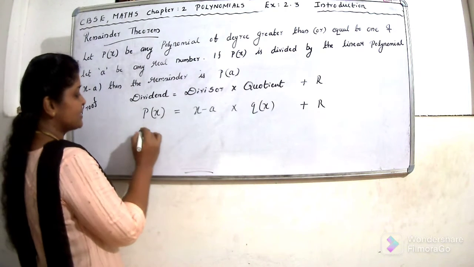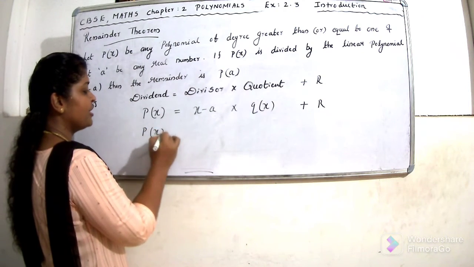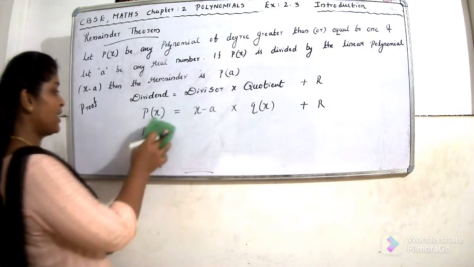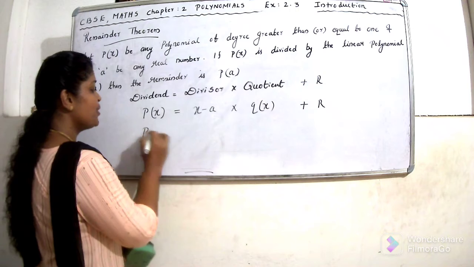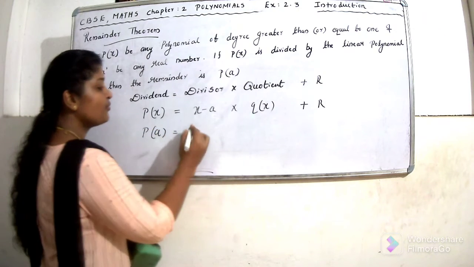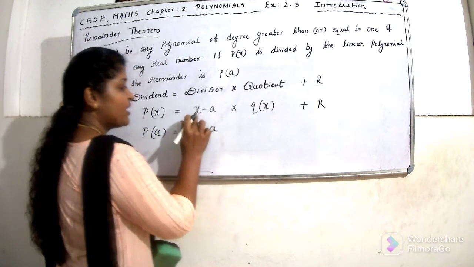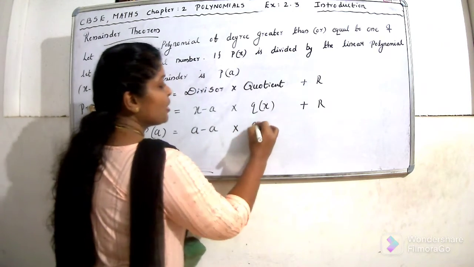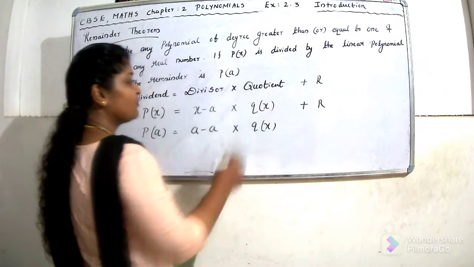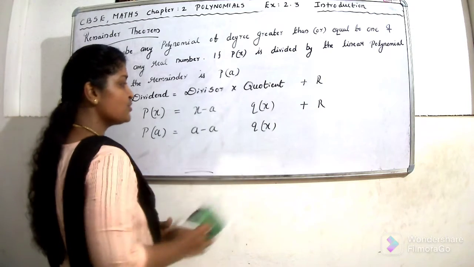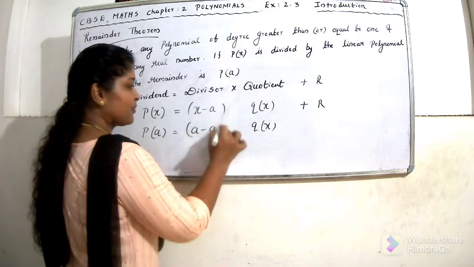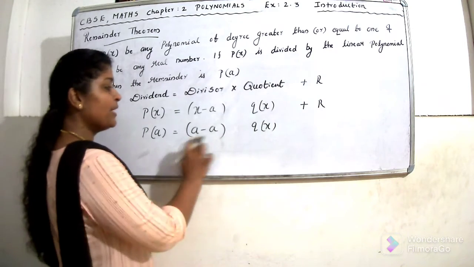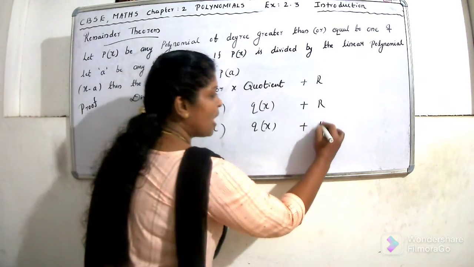Now p of x, as it is, we have to substitute a. So p of a equals a minus a, where there is x we substitute a, into q of a. We can use brackets also, since brackets mean multiplication. So a minus a, and here plus r.